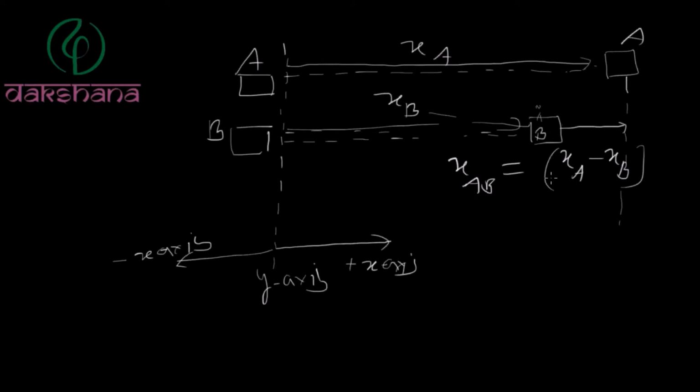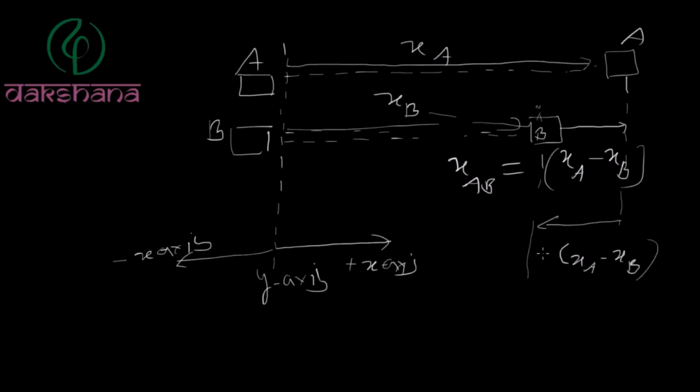Now if we have to define the position of B with respect to A, then we can draw an arrow from A to B, and this arrow is pointing in negative X direction. This arrow has the same magnitude as XA minus XB, but with a negative sign.